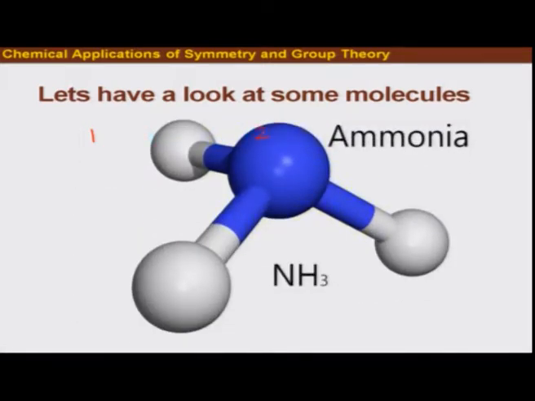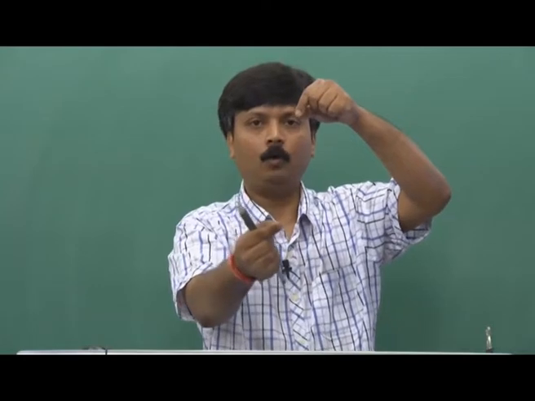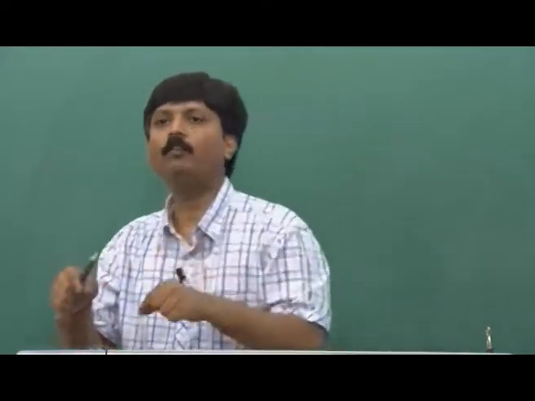Let us have a look at another molecule which is also very much known to us, particularly the students who have been working in chemistry laboratory, organic or inorganic or even physical laboratory. We know about ammonia. So, ammonia has a pyramidal structure, as you can see here. So, 1 nitrogen and then 3 hydrogens are occupying 3 vertices of a triangle.